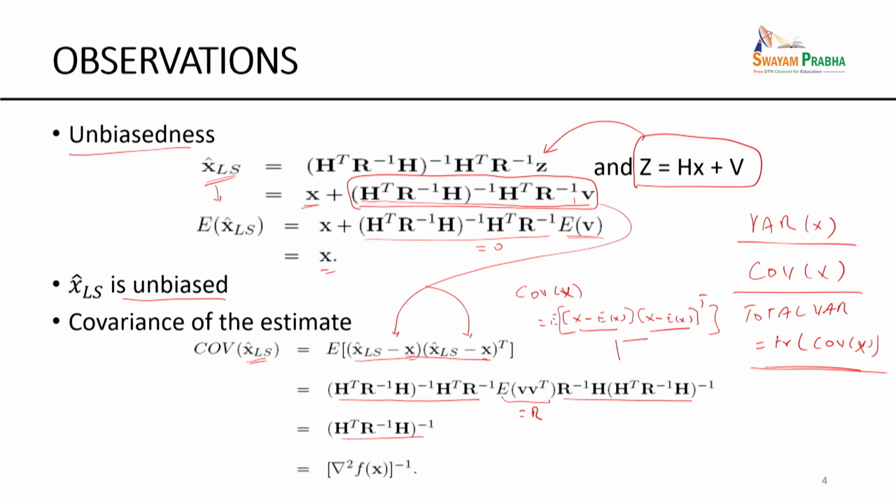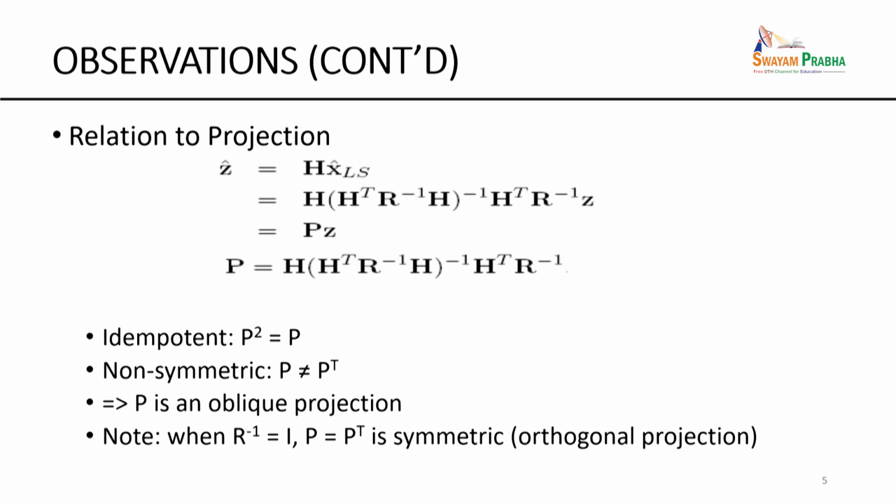The cost function f of x has a unique minimum. Now I am going to talk about projection. So look at this now. Please remember this. This is the span of H. Span of H means span of the columns of H. This is Z. This is, in this case, I'm sorry, this is the oblique estimate.